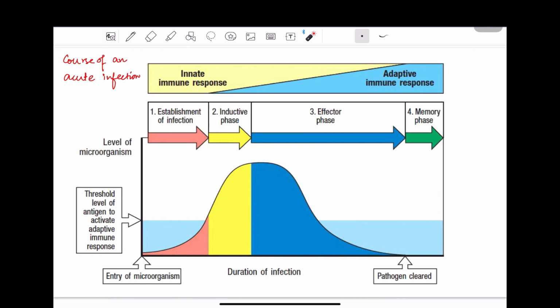First of all, let me tell you one thing, that there is a certain level of antigen which is required to activate the adaptive immune response, and that is called the threshold level.